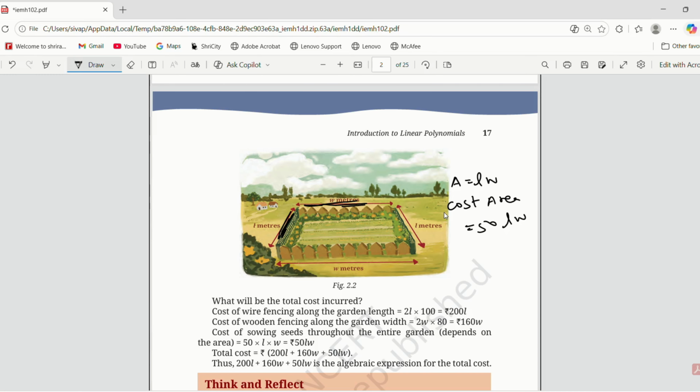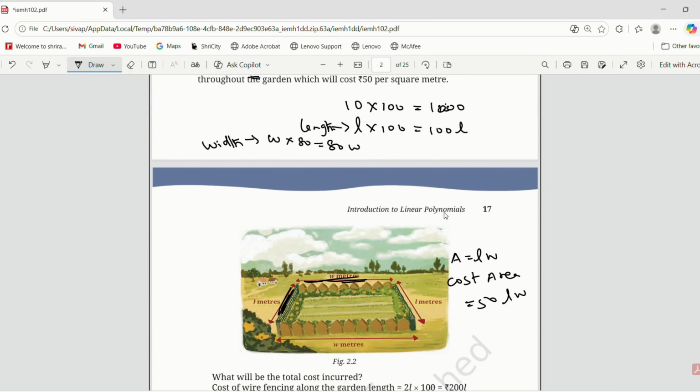Now the total cost we can identify by using the values which we identified in the above cases. Here we have fence on both the opposite sides of this rectangular park area. Here we are using 100L, and similarly here we have to use rupees 100L.